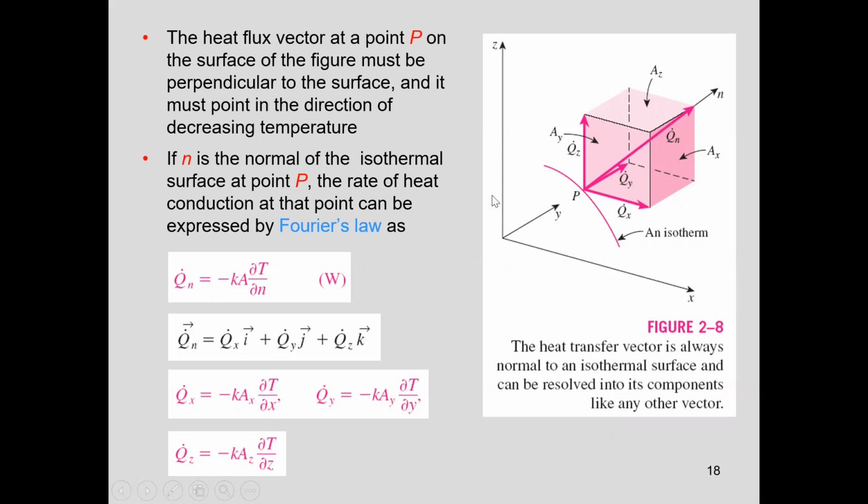If n is the normal to the isothermal surface at P, the rate of heat conduction at that point can be expressed by Fourier's law. For different coordinates like x, y, z, different axes, you can split it like this.